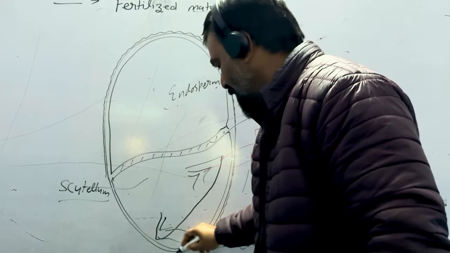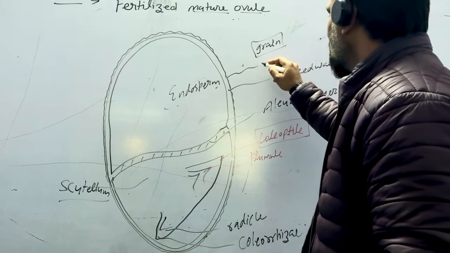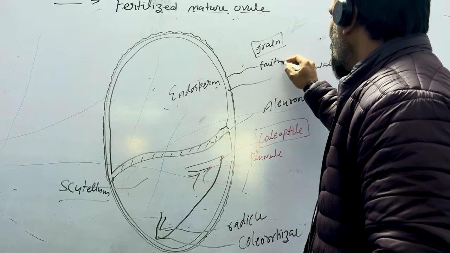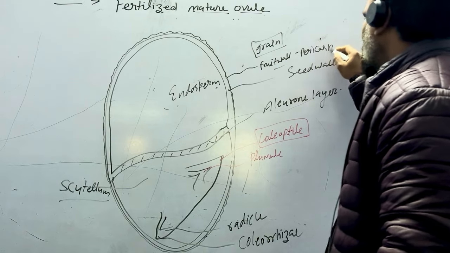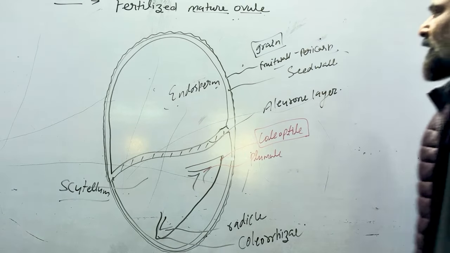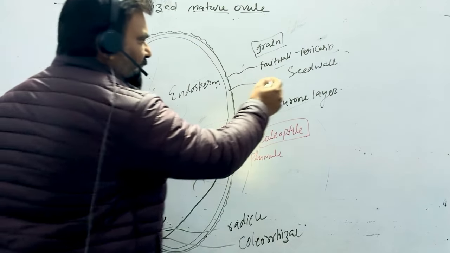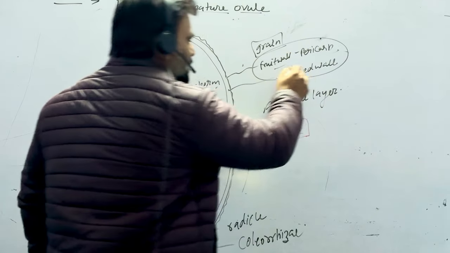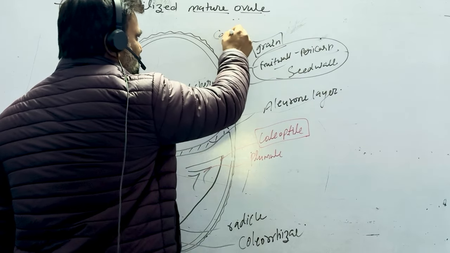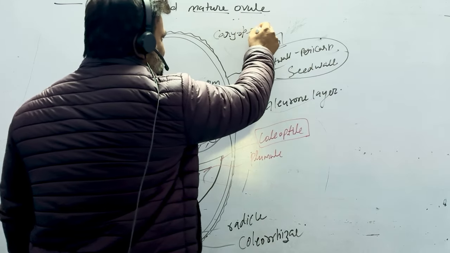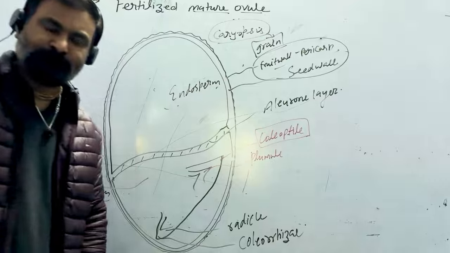This is the fruit wall, also known as pericarp. When the seed wall and fruit wall are fused together, such seeds are known as caryopsis or grains.